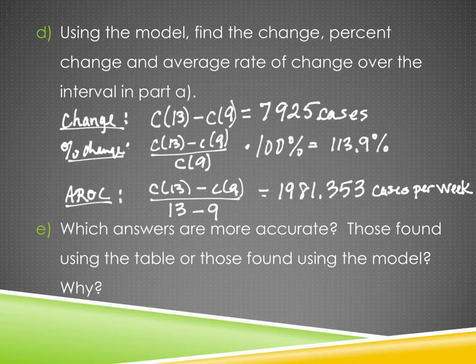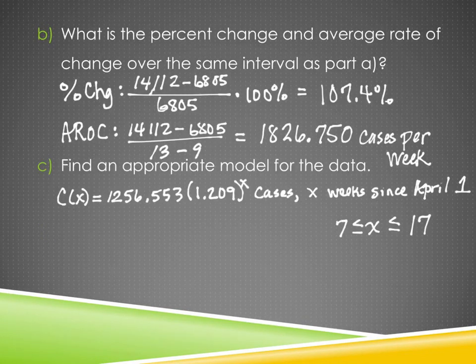Any other thoughts? Nobody knows any reason why one would be better than the other? What is our calculator doing when it finds a model?